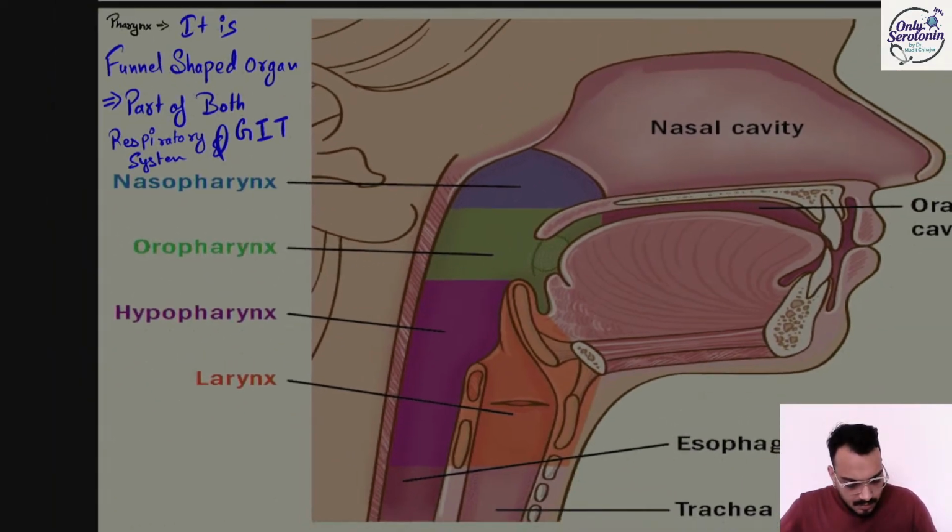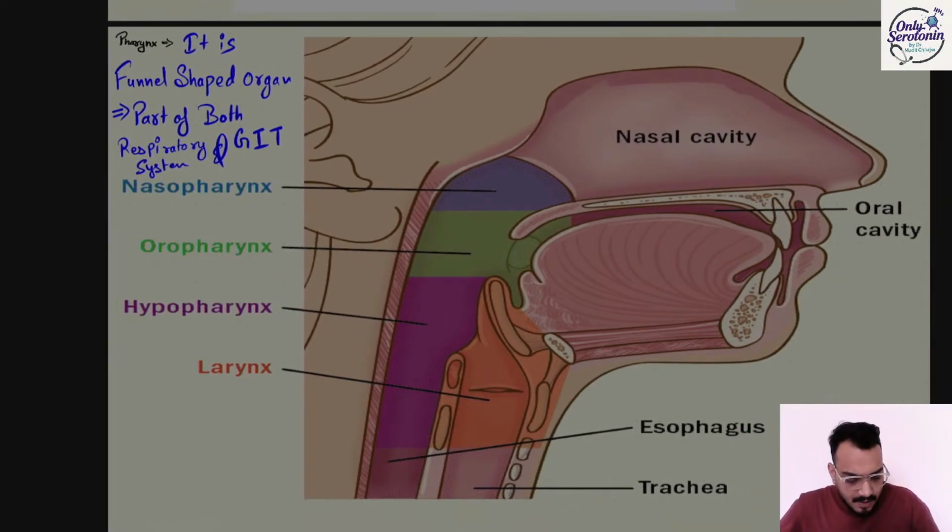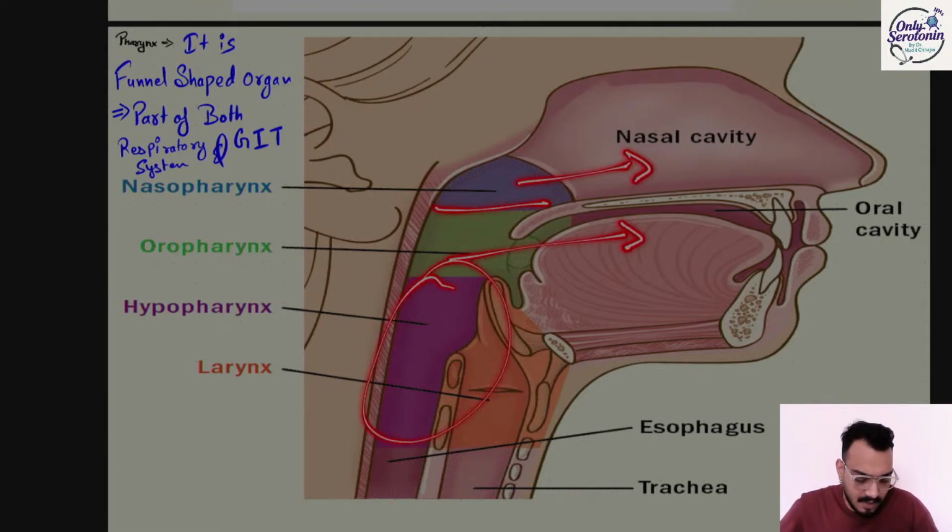Now, this pharynx is divided into three parts, and we are going to name the parts according to the structure which is present in front of it, right? So the first part is in front of your nasal cavity. That's why we call it nasopharynx. Then the second part is in front of the oral cavity. That's why we call it oropharynx. And the third part is in front of your larynx, right?